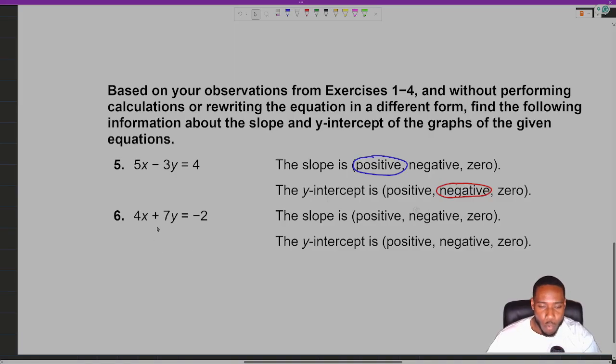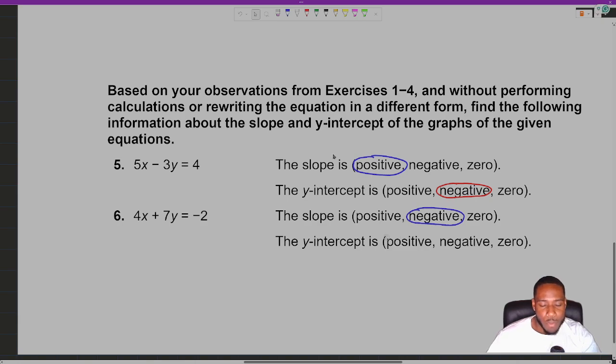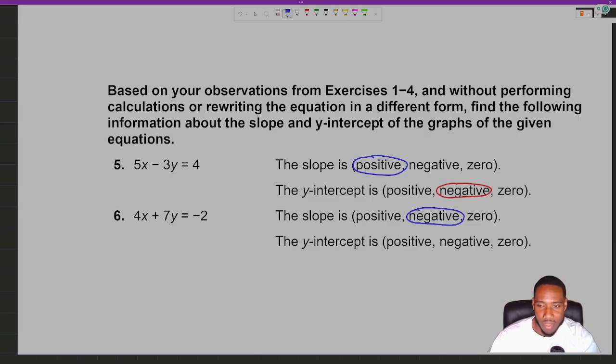Now, a negative 4 divided by a positive 7 would give us a slope that is a negative number. And if we look at the y-intercept, it started off as a negative 2, and we divide by a positive 7, so that's also going to be a negative number.